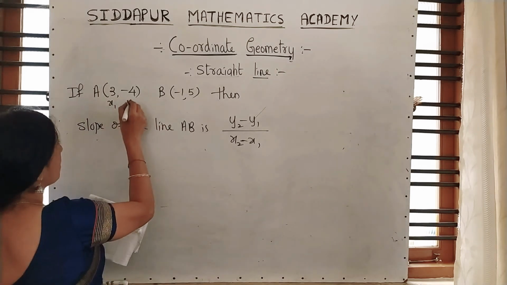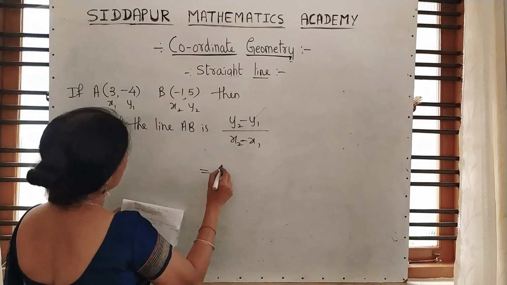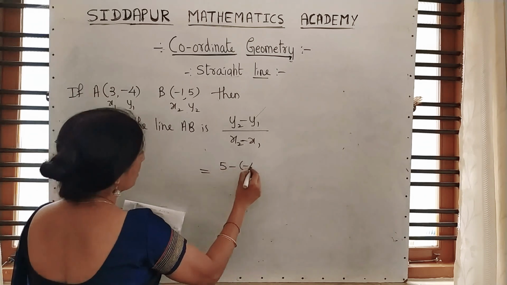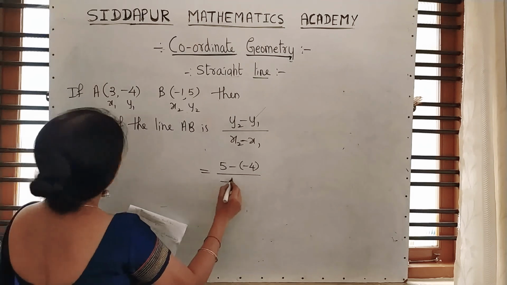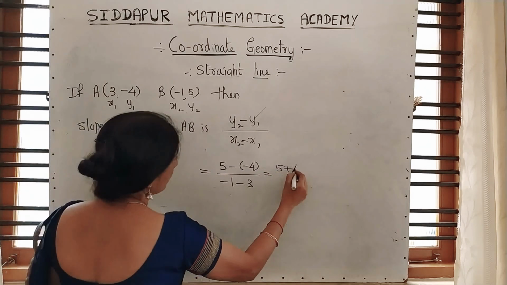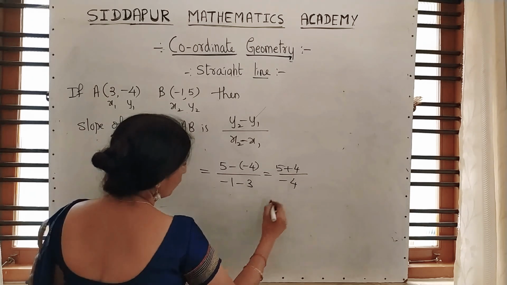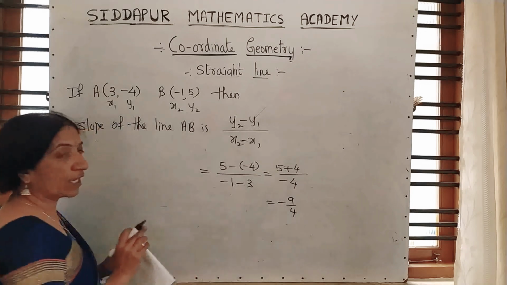Let us take this as x1, y1 and this as x2, y2. Substitute the values. 5 minus of minus 4, because minus and minus is there. Minus 1 minus 3. Here minus into minus becomes plus. Minus 4. It is minus 9 by 4. This is how we are calculating.